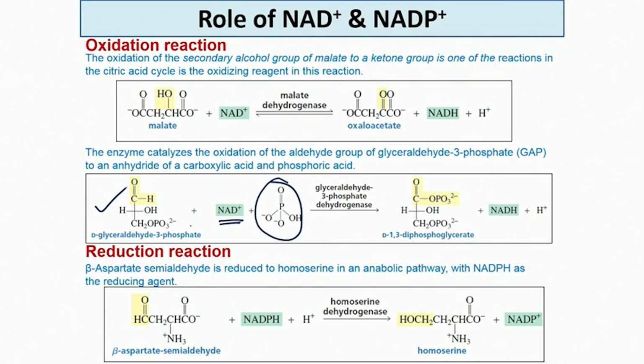So, basically you have to oxidize this, and the oxidizing agent is NAD plus, but remember, there is an enzyme requirement for this. If in a test tube you take this and add NAD plus and phosphate, some amount of this you can get, but that will be extremely slow. It is the enzyme which brings all these 3 components together and does the reaction. There are many such examples.